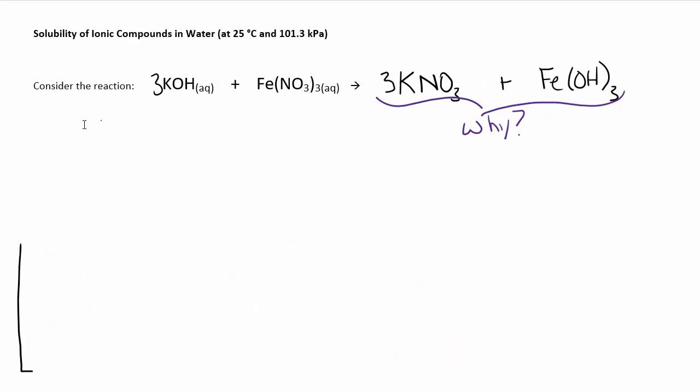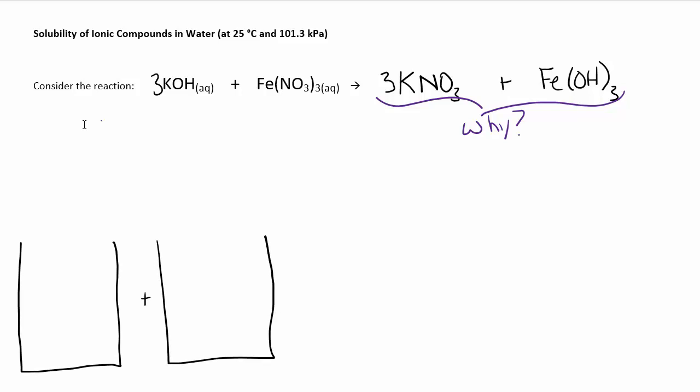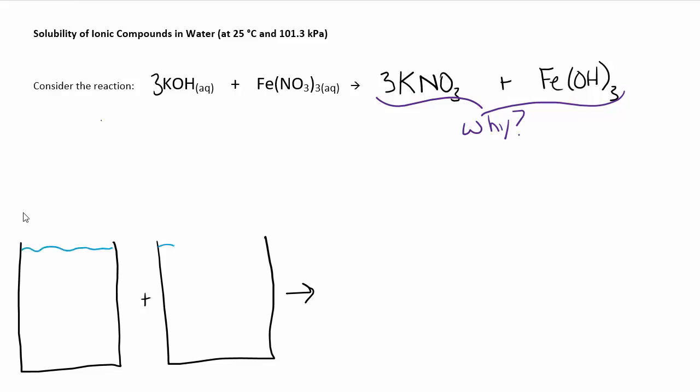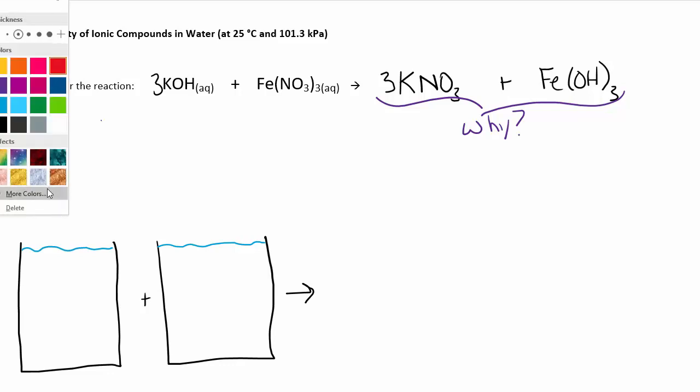If we now examine something different, we look at the other one that at the beginning of this video we said did occur, we can sketch out 2 reacting vessels. So I can represent the 3 potassium hydroxides along with the iron(III) nitrate.